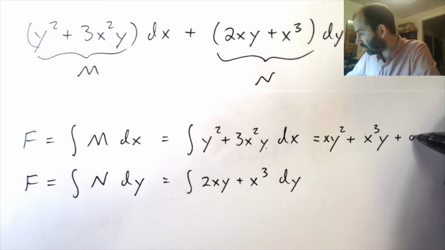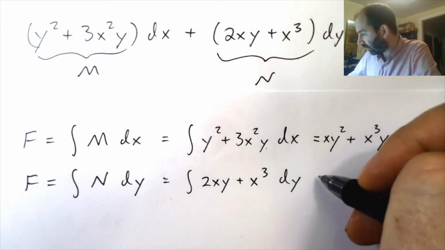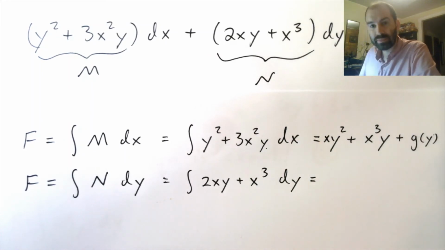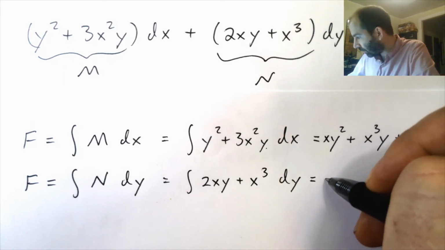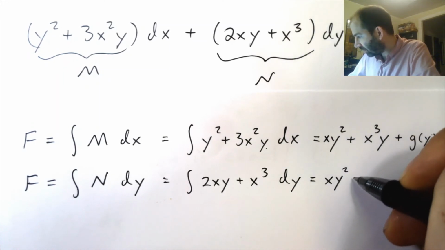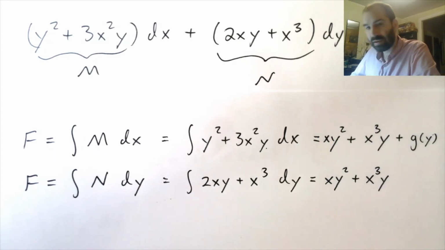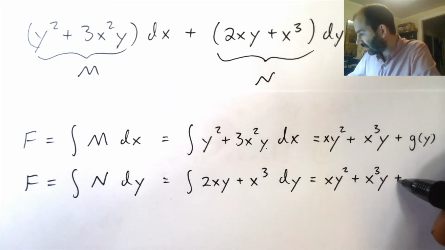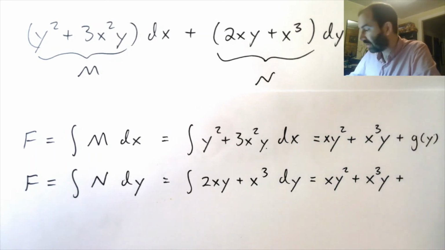So let me put g of y here. And when we do this one, we're anti-differentiating with respect to y. We get xy squared plus x cubed y plus a constant. Now, we're treating x as a constant, so any function of x will be a constant.